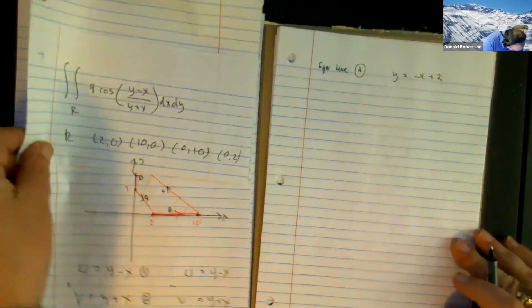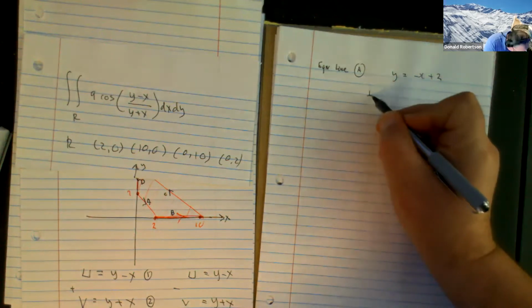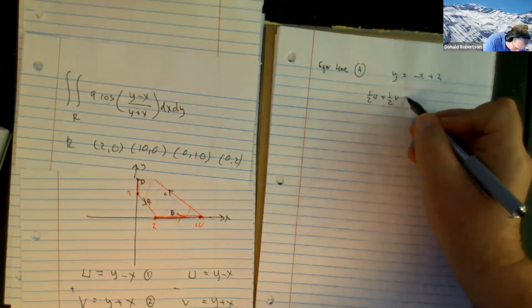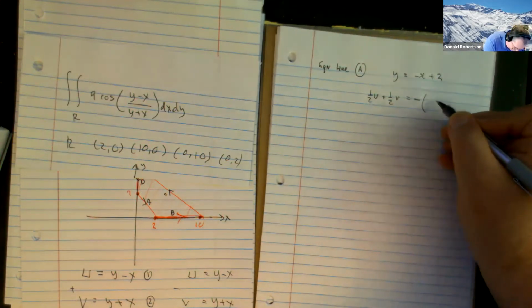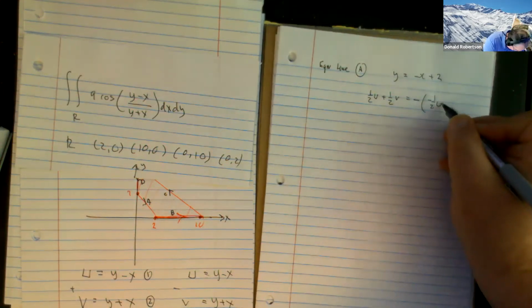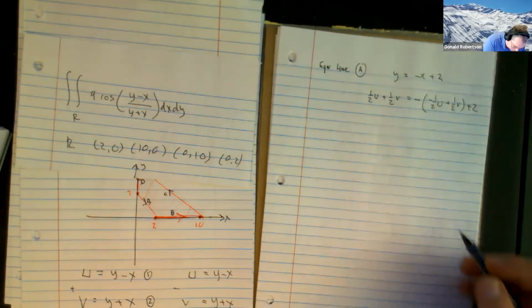Now that I've got them, let's return back to this. The y is going to be a half u plus a half v, and the x is going to be -a half u plus a half v, add 2.